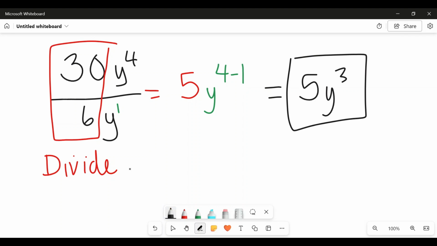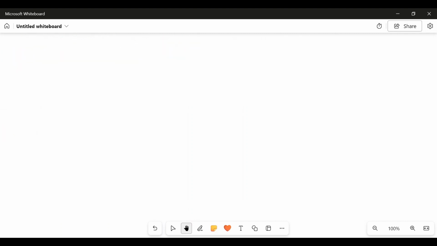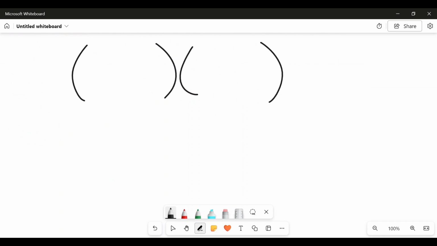Okay, sometimes we might get a scenario where we have negatives. So let's take a look at that. Let's do 2, and we'll make this 5/3.